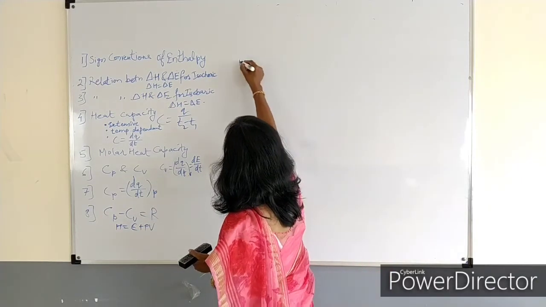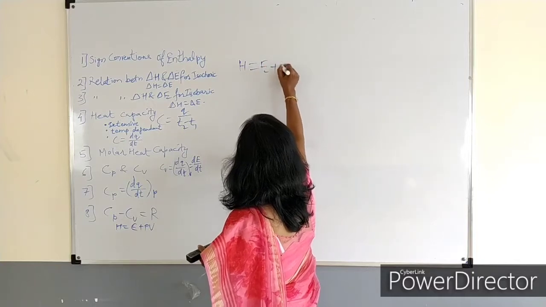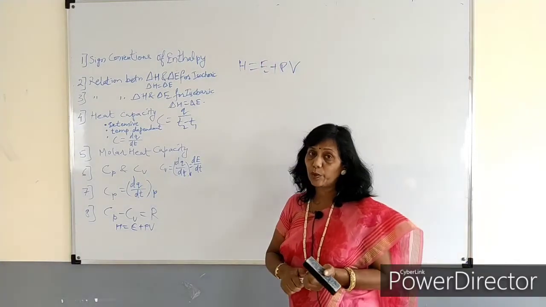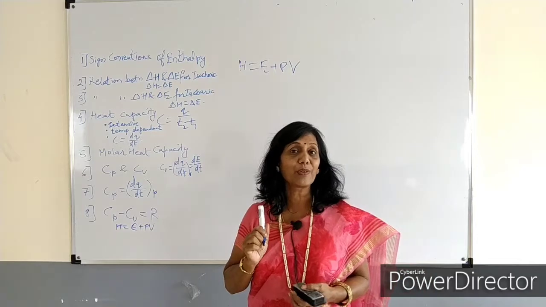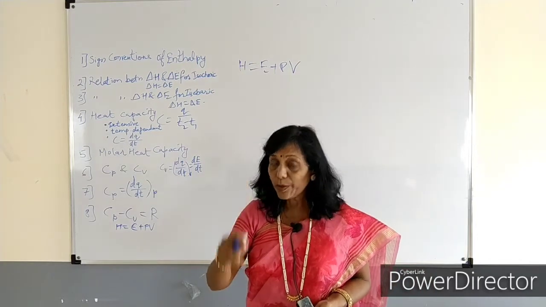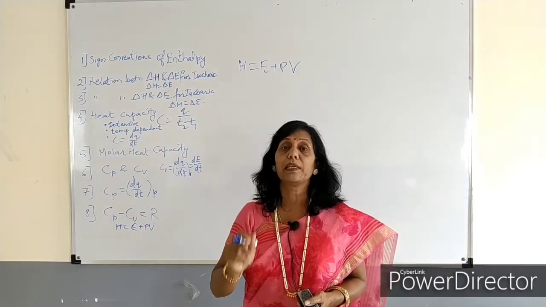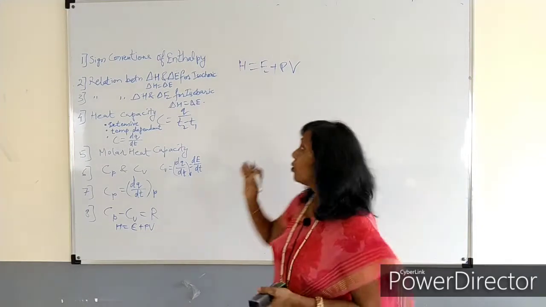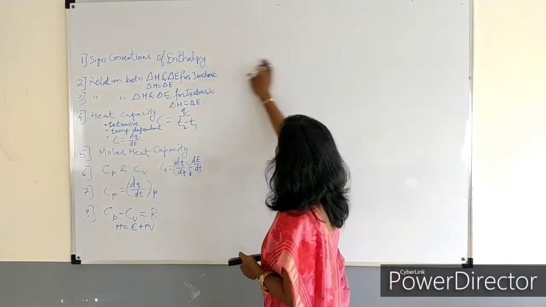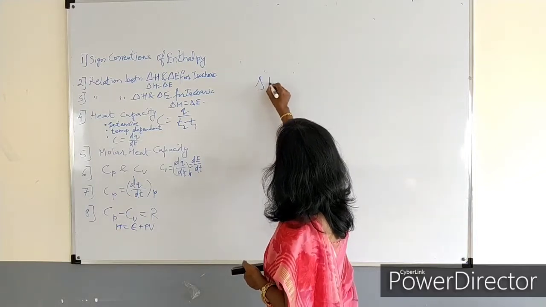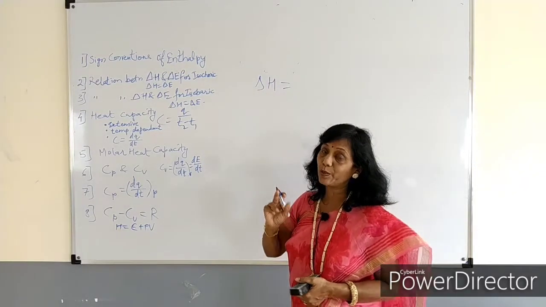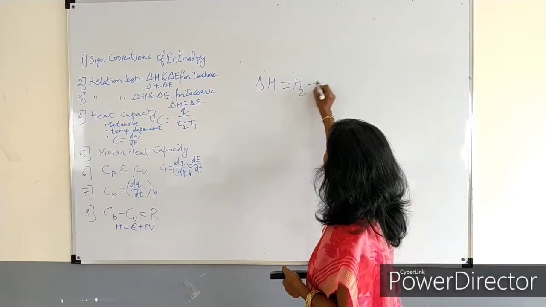H is equal to E plus PV. Now, as I told you yesterday, and today again I am repeating, it is to be represented as delta H only, right? Now, we can say that delta H is, obviously, H2 minus H1, right?